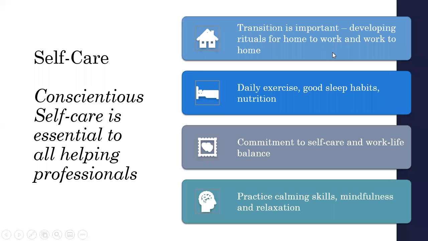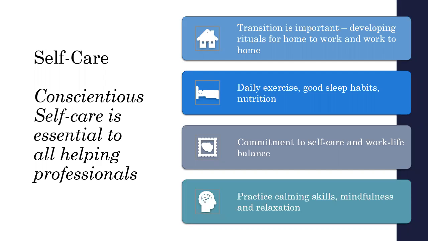The way we protect ourselves from vicarious trauma is through conscientious and purposeful self-care. And it is essential that we practice self-care daily when we are working with victims of trauma. This slide represents 4 minor things that we can do, or 4 memorable things that we can do every day in order to take care of ourselves, so we can do the work of taking care of others.